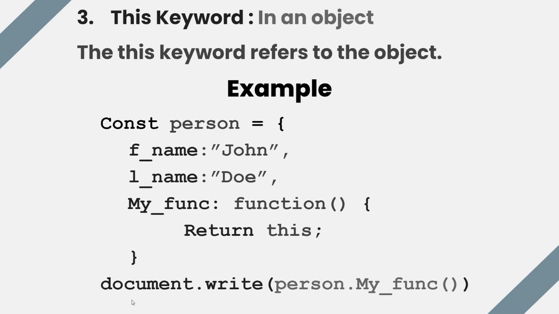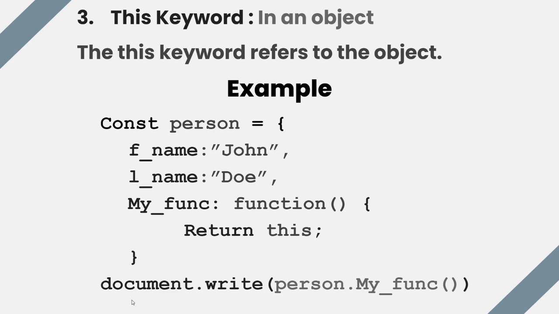We then have l underscore name, another key name with the value of Doe. And lastly, we have another key name, my underscore func. It's a key name here, also known as the property name. And the value this particular key name has is a function. So this key name has a function as its value.